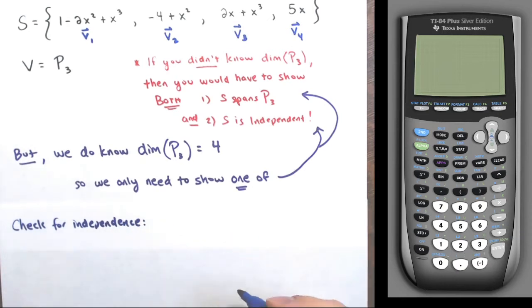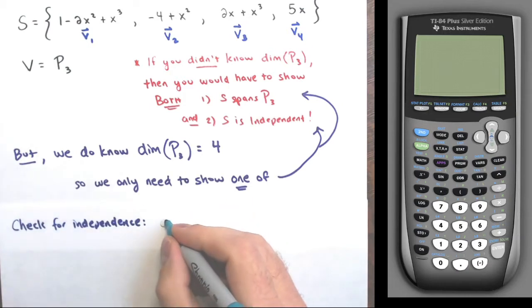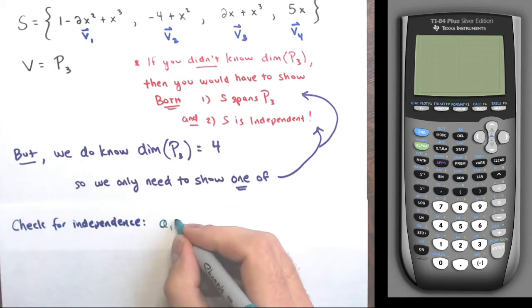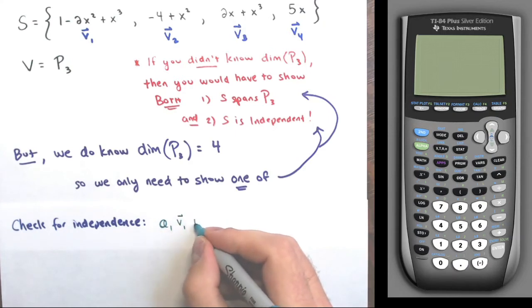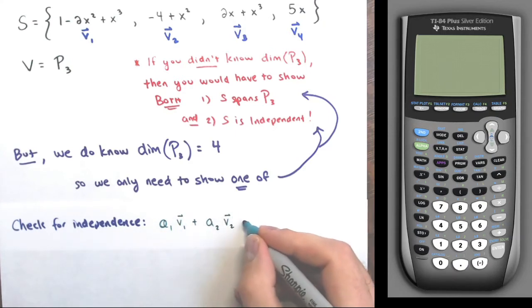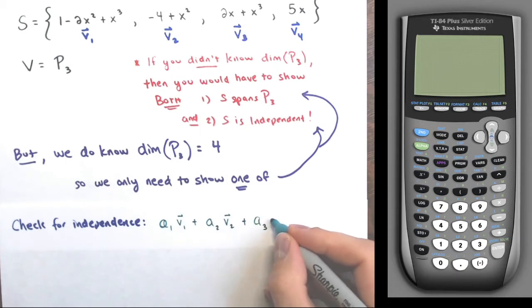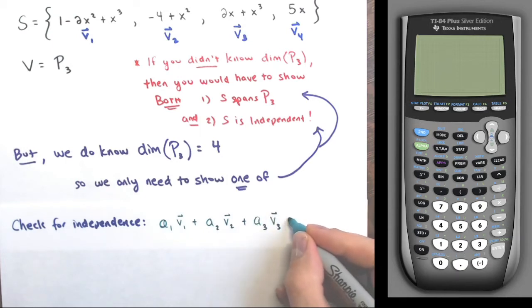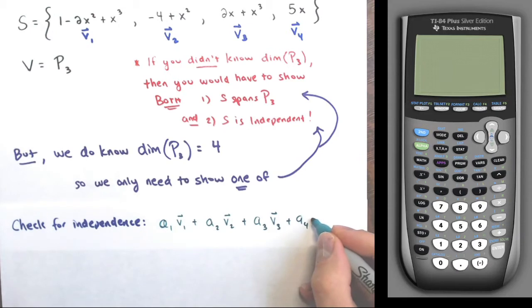So that's, remember, where we're looking at this equation, where I take a linear combination: some scalar a1 times the first vector plus some scalar a2 times the second vector plus some scalar a3 times the third vector plus some scalar a4 times the fourth vector. And I'm saying, when is that equal to the 0 vector?